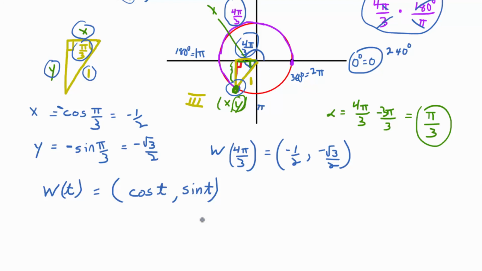So look, if you just take the cosine of 4 pi thirds, you get the negative 1/2 right away. If you just take the sine of 4 pi thirds, you get the negative root 3 over 2 right away. So when you see the cosine of 4 pi thirds, I want you to think, oh, the cosine of pi thirds, I have that memorized. That's 1/2. Which quadrant is 4 pi thirds in? The third quadrant.